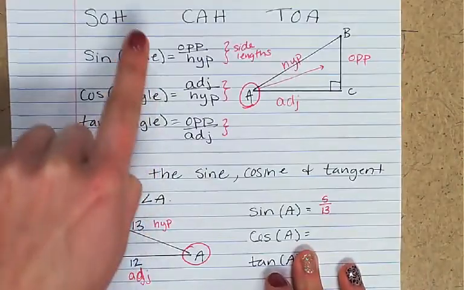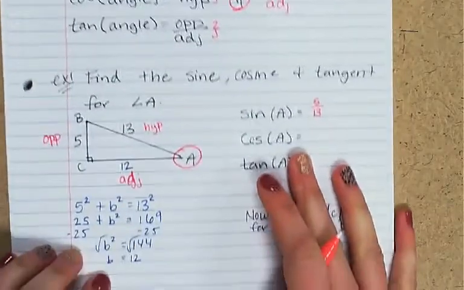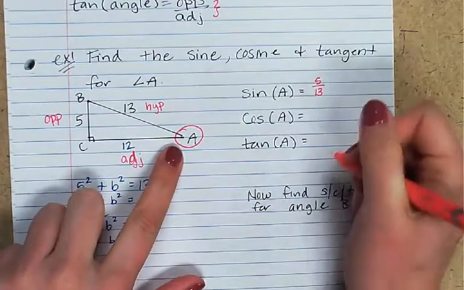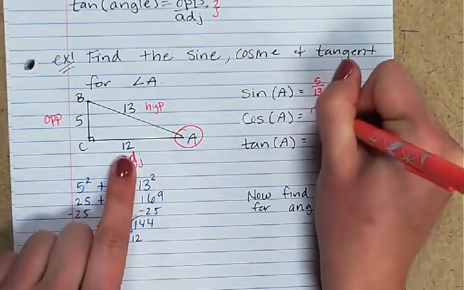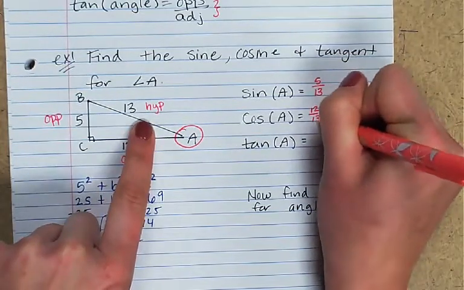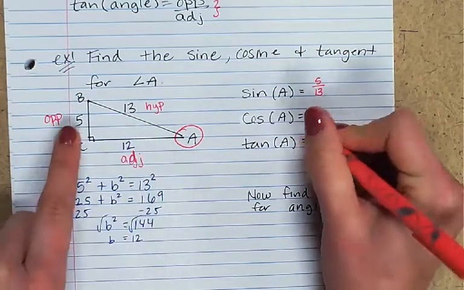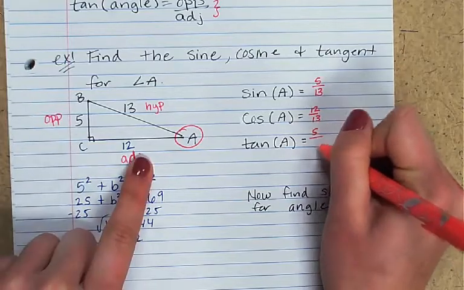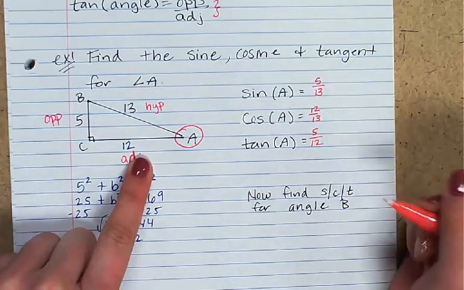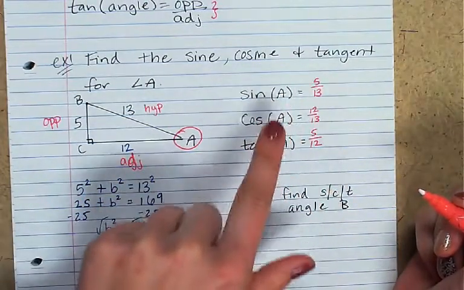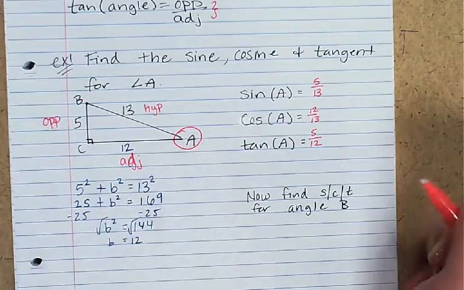So I'm just following these ratios right here, SOHCAHTOA. Cosine is the adjacent over the hypotenuse, and tangent is the opposite over the adjacent, like that. So those are the trig ratios for angle A.